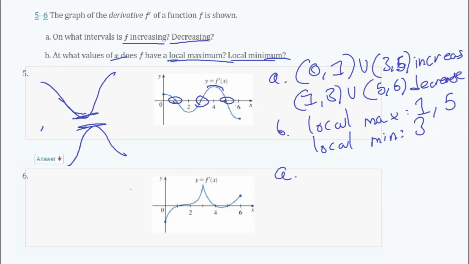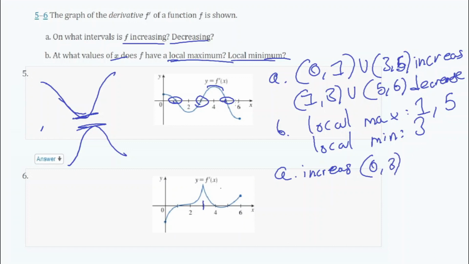Now let's take a look at number 6. Number 6 is going to be this little graph going on right here. So on what intervals is it increasing? It's increasing on the interval of, I don't think it's flatlining there, but yeah, so we just write increasing on the interval of 0 to 3.